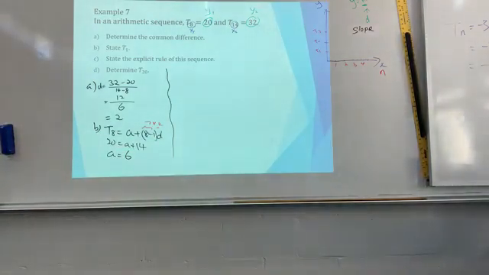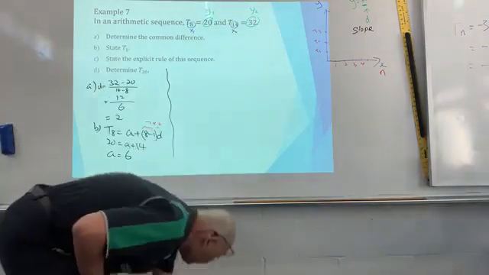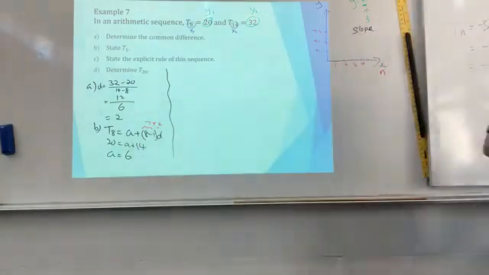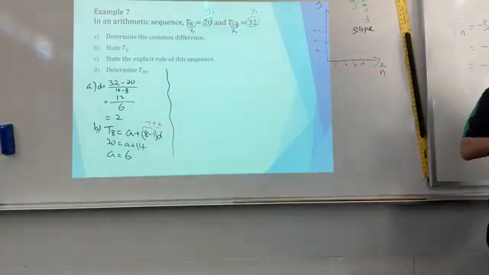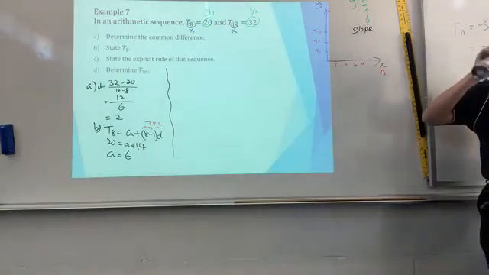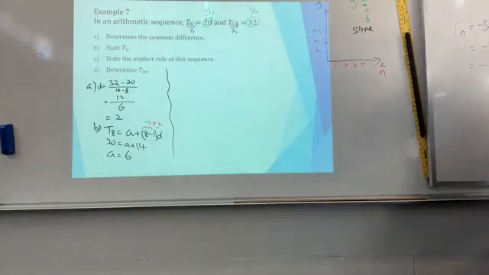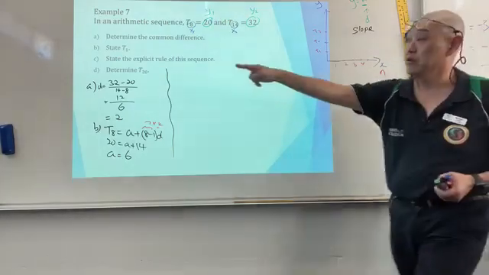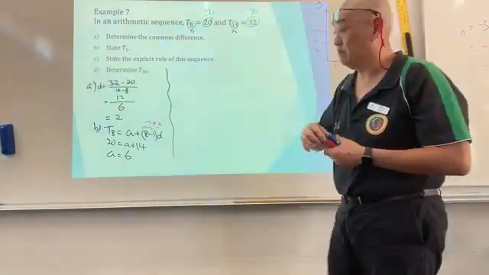You have your d, you've got your A. Can you please state the explicit rule of this sequence? Or the general rule? Use that and expand it, please.